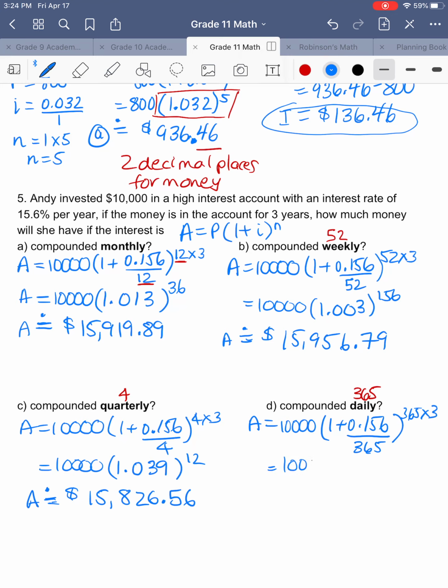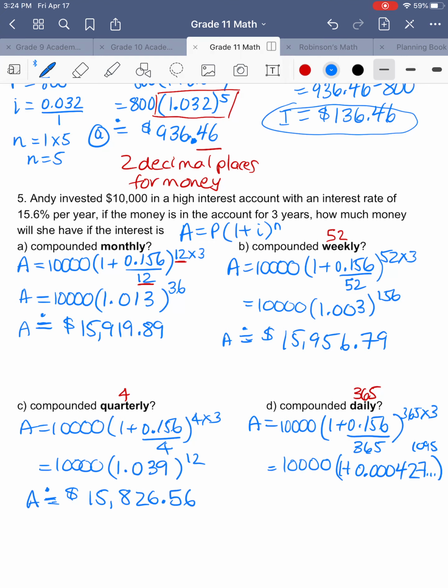So when we do 0.156 divided by 365, we get a decimal that is something like 0.00042, and so on. And I've lost space to put my exponent here, which is 1095 if we do 365 times 3.